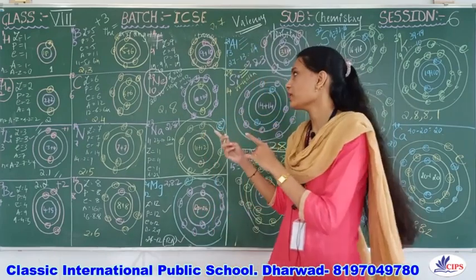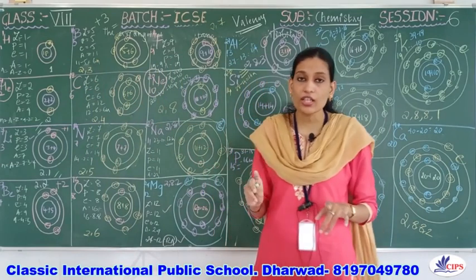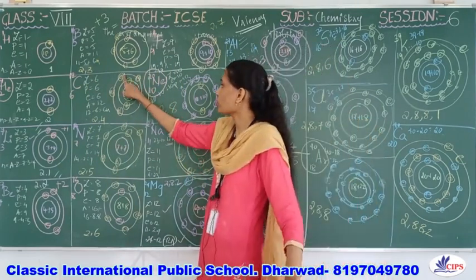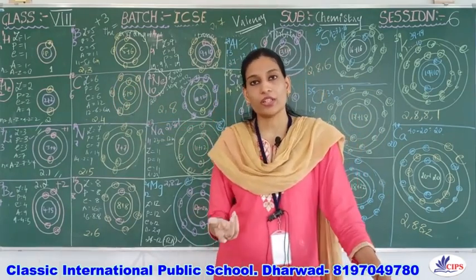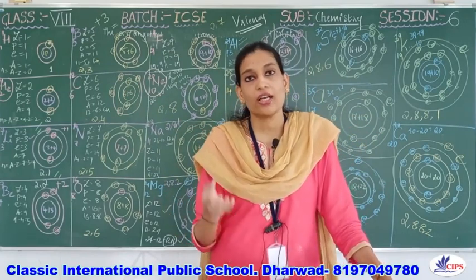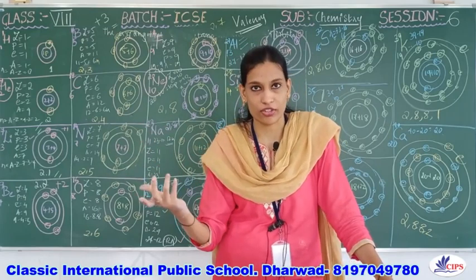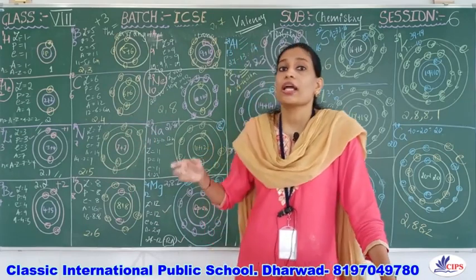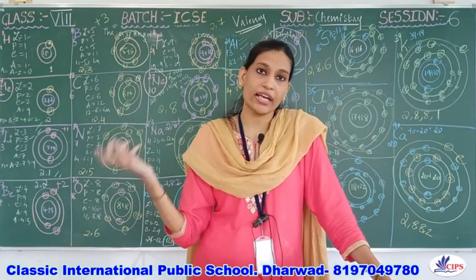Now this is something complicated. Carbon has 4 valence electrons, that is 1, 2, 3, 4, right? Is it good for carbon to gain 4 electrons or to give 4 electrons, because 8 electrons should be there? Profit and loss both are there, right? So in this case, carbon can either give the electron or take the electron.